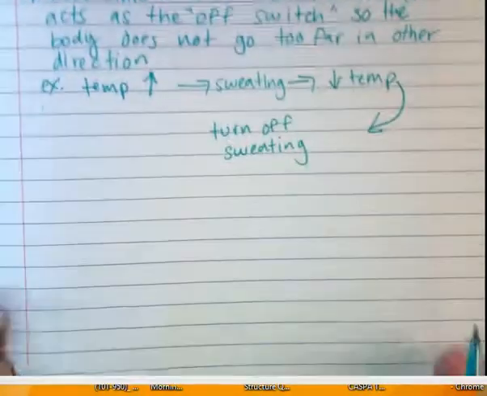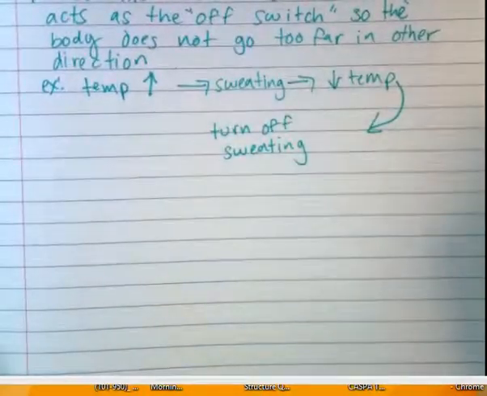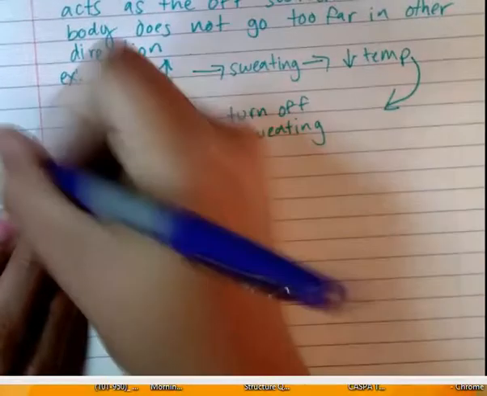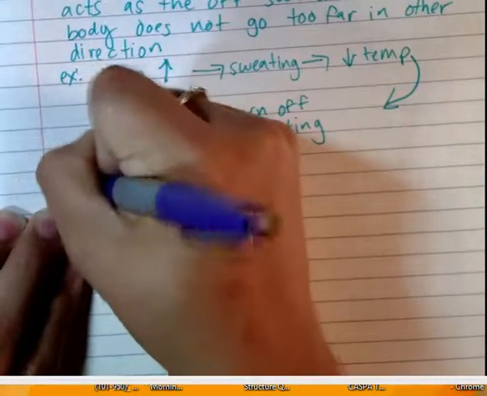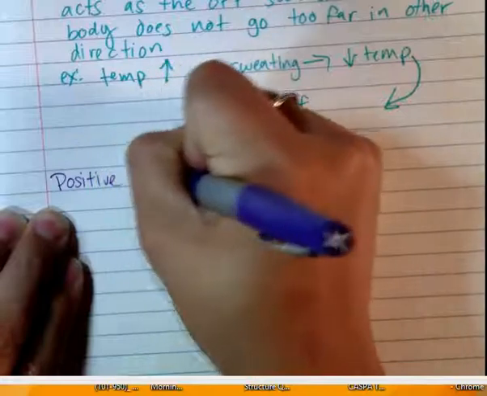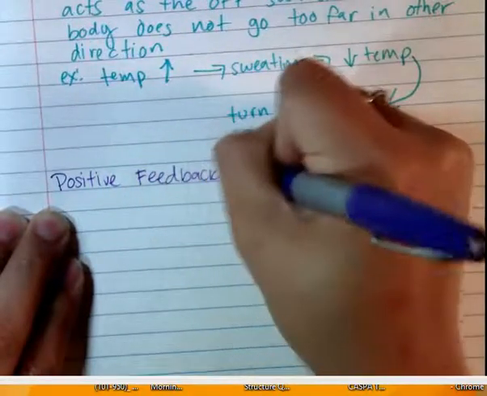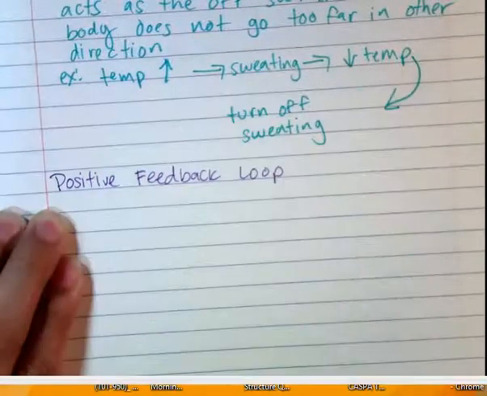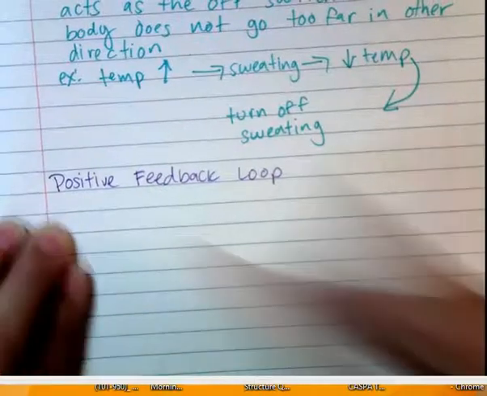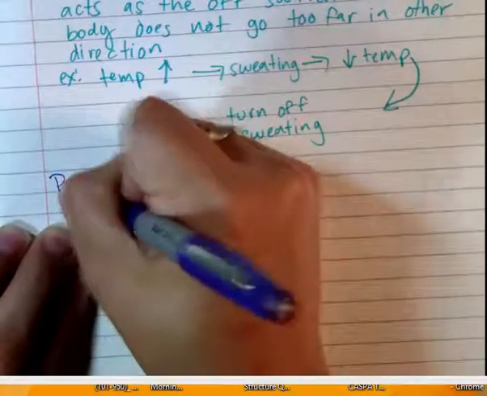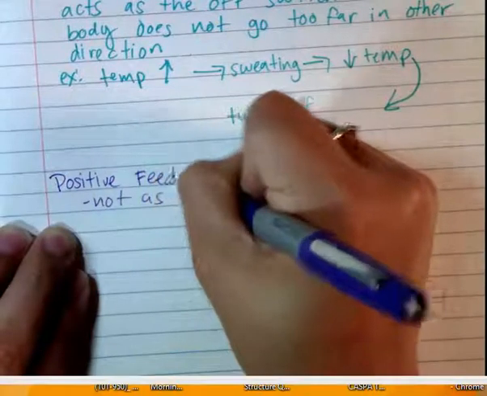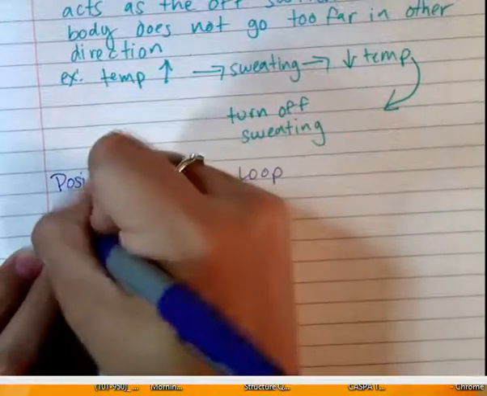All right, and then the last type of loop is not as common. This is known as a positive feedback loop. And what does it do?